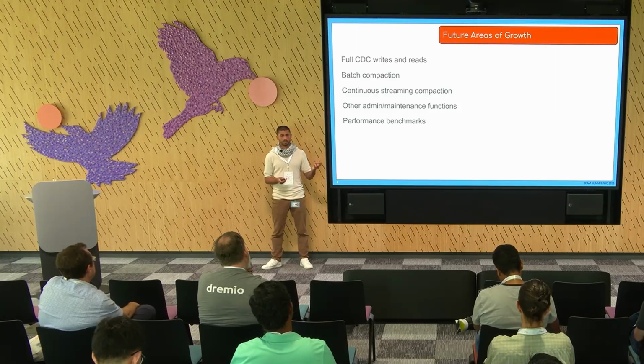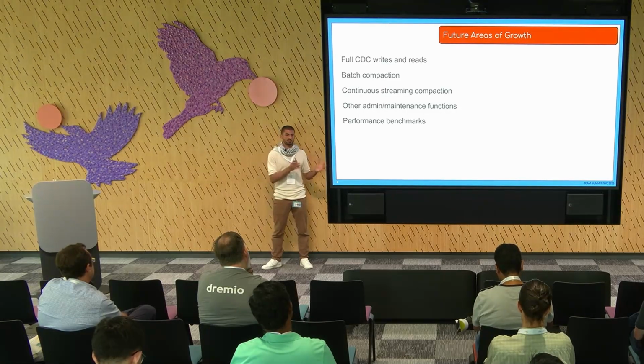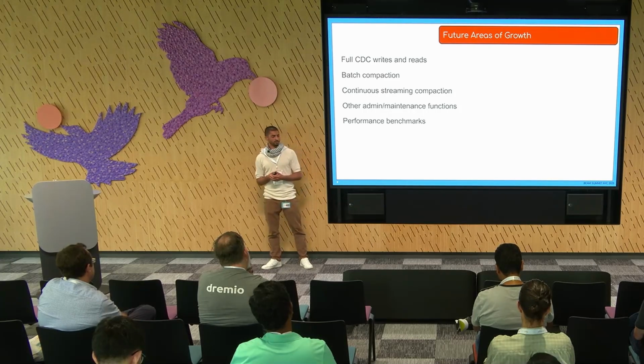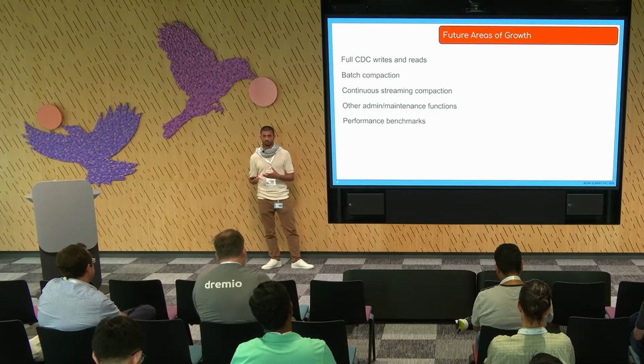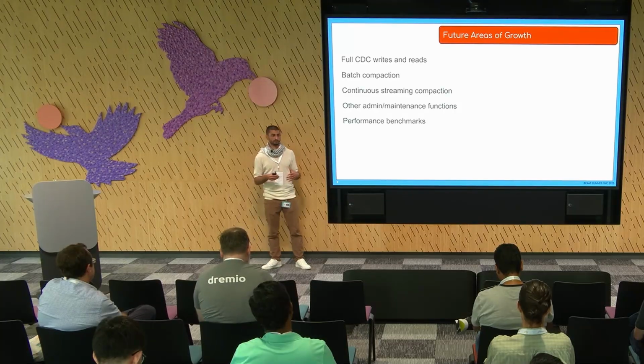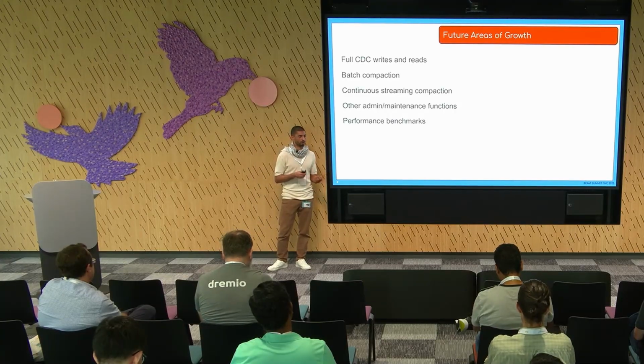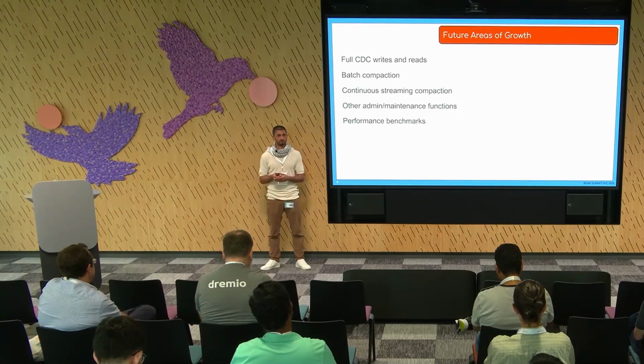And also other administrative functions like cleaning up orphan files, expiring snapshots, rolling back your table state, and so on. And then finally, some performance benchmarks, specifically for streaming, running them, releasing them, making them public on the Beam website.